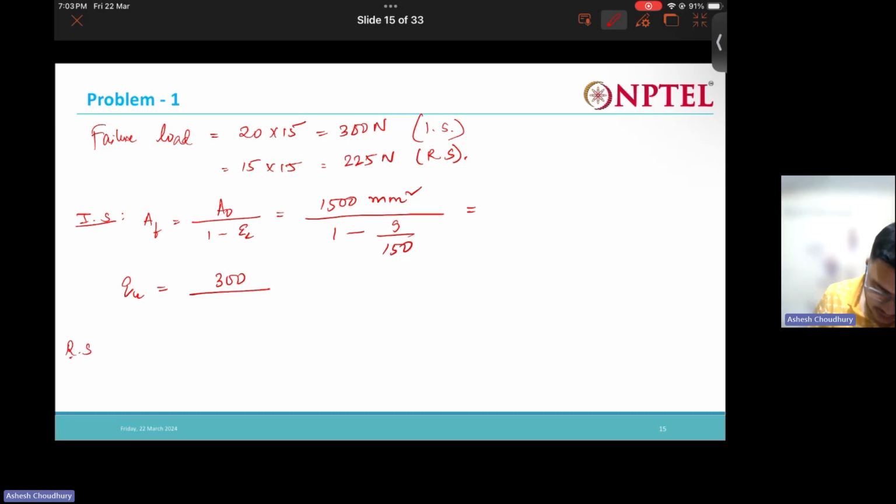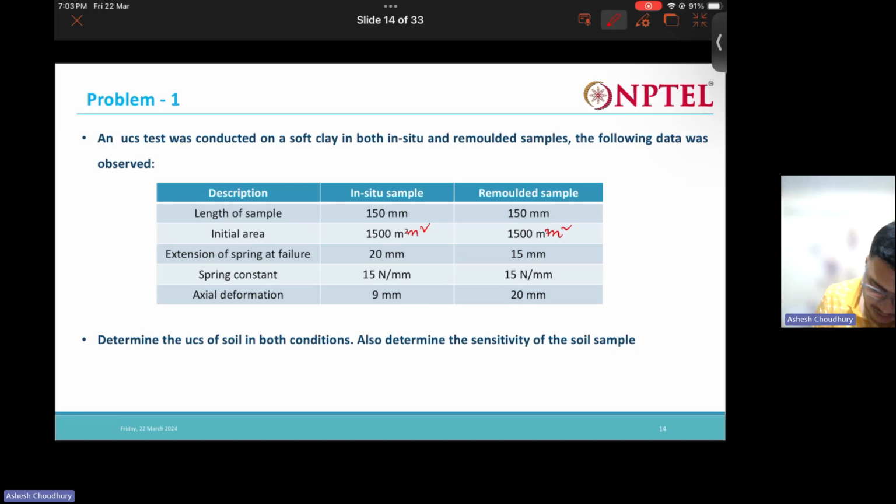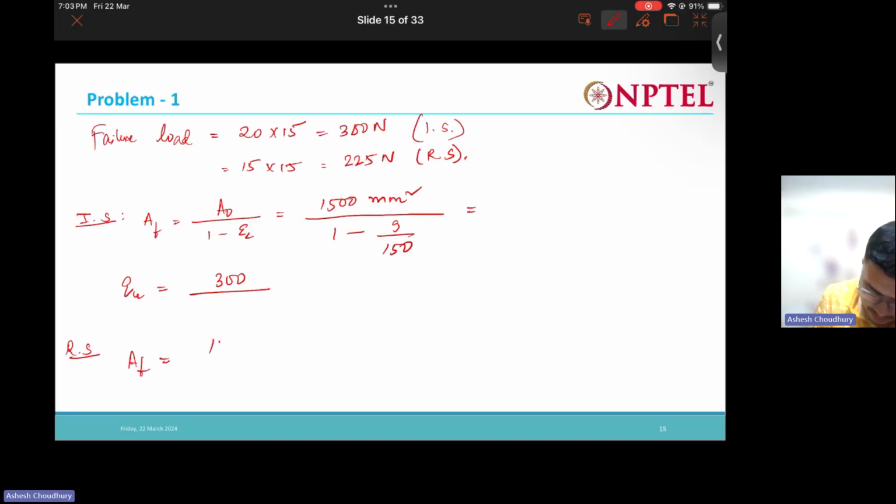For the remolded soil sample, AF is equal to how much? 1500 divided by (1 minus 20 by 150).